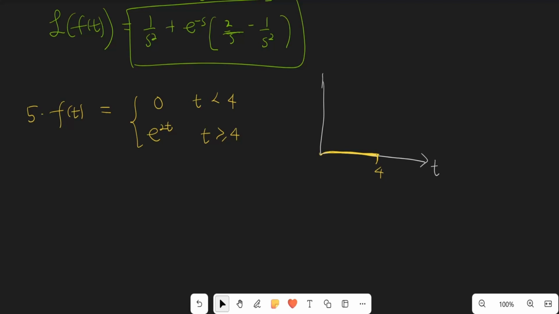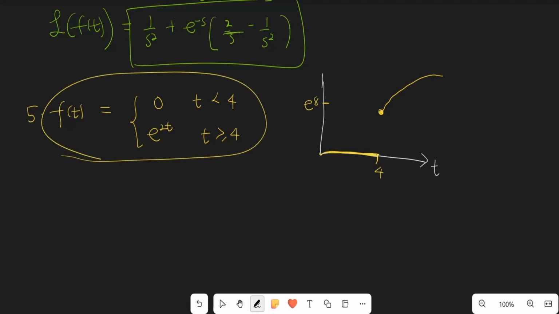So at t equal to 4, we are going to have e to the 2 times 4, which is e to the 8. So let's say e to the 8 is a positive number, which is somewhere here. So at 4, it is going to jump to e to the 8, and then we are going to have an exponential function. And you know, an exponential function is going to behave like this going forward. So this is the graphical illustration of what we have here.